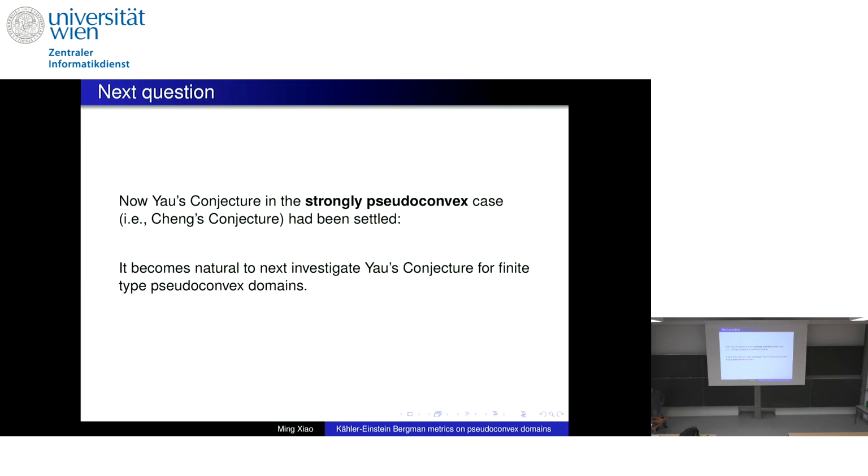Then it will be natural to investigate Yau's conjecture for, say, finite type pseudoconvex domains, and this could a priori be much more difficult to start with. In general, even for the notion of finite type, we have two different notions. One is D'Angelo's notion, the other is the commutator notion due to Kohn or Bloom and Graham. It will be a question of which notion would be easier to deal with in this setup.